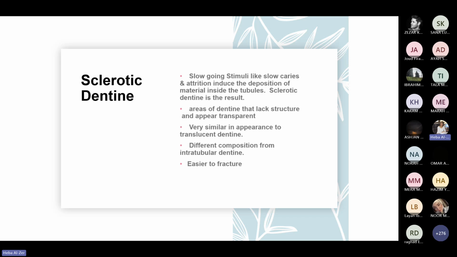Sometimes, if the carious lesion is slow going, that gives some chance for the odontoblast to occlude all the tubules under the carious lesion, to prevent the carious lesion from getting inside the patent tubules. If that happens, remember what happens if we occlude the dentinal tubules: the peritubular and the intertubular dentine have the same refractive index and they become translucent.